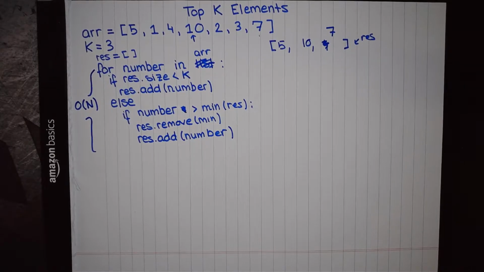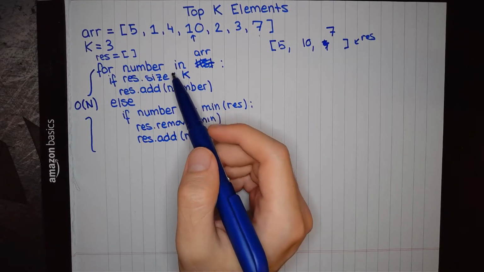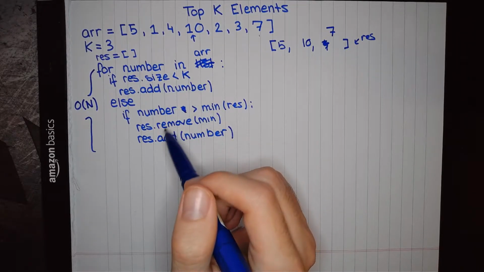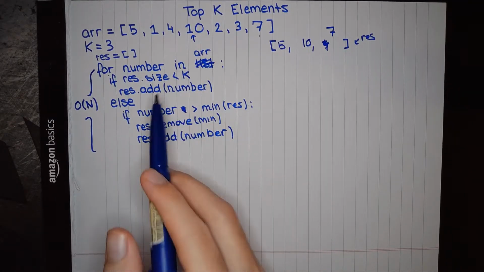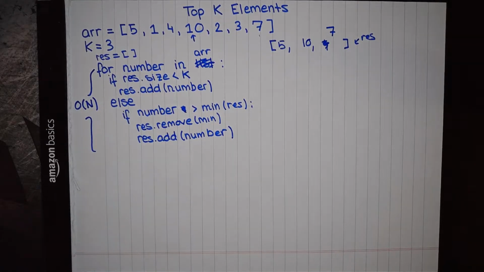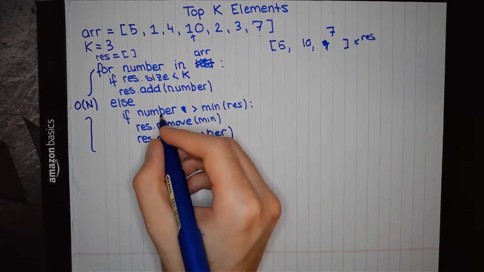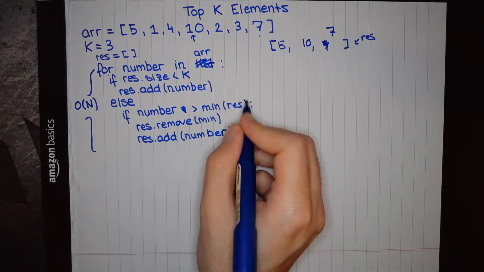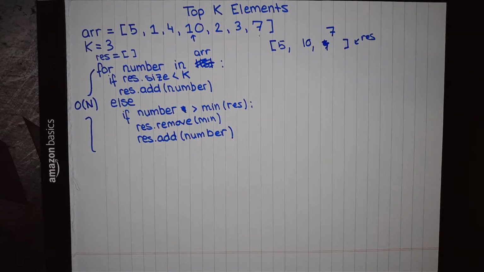Sometimes, in the best case, for the first k elements, you're just adding a number. That's constant time, but that's not the general case. The general case for the rest of the numbers is we take that number and we have to check whether the number is greater than the minimum of the numbers in the current result.